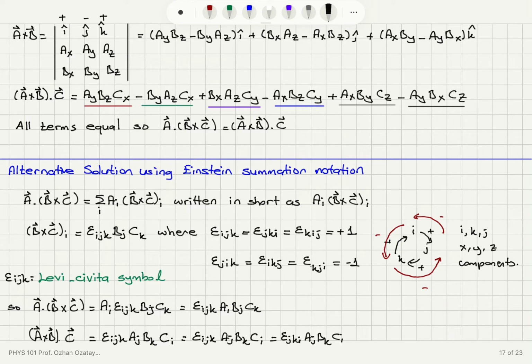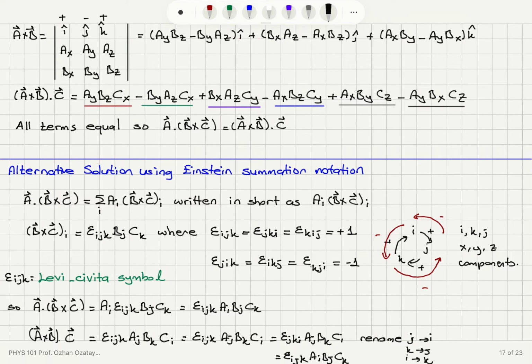bk ci. Now I'm going to rename j as i, k as j, and i as k. So if you do that, j becomes i, k becomes j, i becomes k. Epsilon ijk, I have aj becomes ai, bk becomes bj, ci becomes ck.